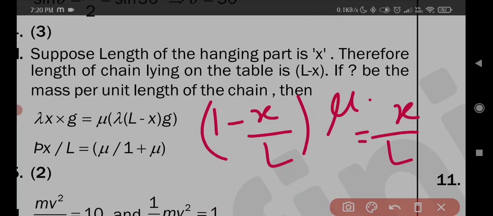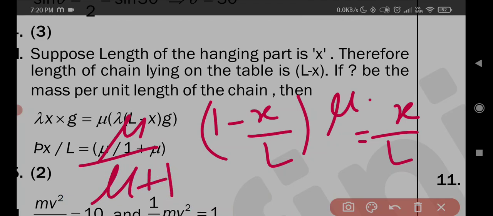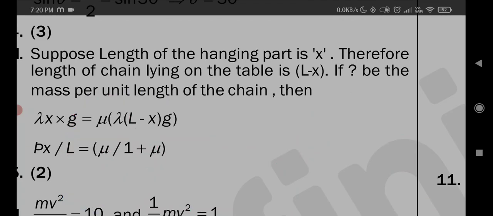If I convert it in some way, I'll get x by L as mu by mu plus 1. So this is the direct result, which you can remember.